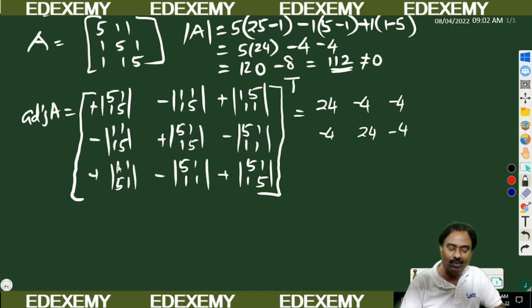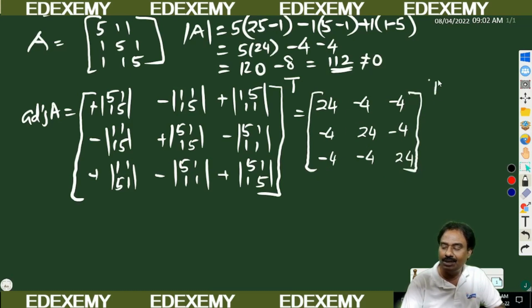Here 1 into 1 is 1, 1 minus 5 is minus 4. Here minus is here, therefore 5 into 1 is 5, 5 minus 1 is 4. Now here 25 minus 1 is 24. Therefore, you have to find the transpose of this matrix to get adjoint of A.